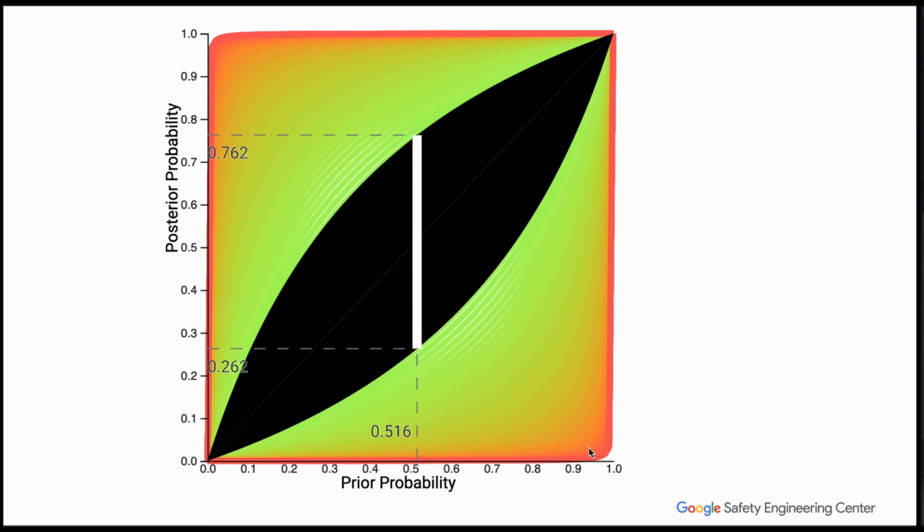And what you see is that if an attacker has a prior probability of 0.5 guessing whether someone was or wasn't in the dataset, after applying differential privacy, their guess only increases to between 0.516 and 0.762. This is one of the ways we help users think about the utility privacy frontier: by plotting the theoretical information gain resulting from applying a specific epsilon. This allows us to make informed choices as a part of the review process.